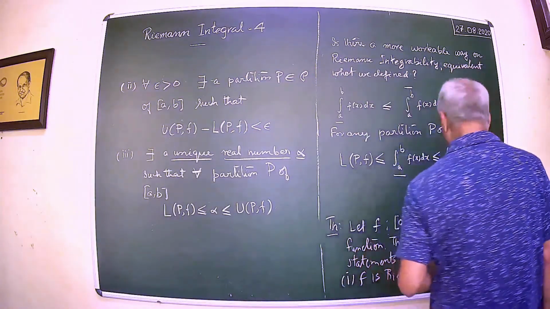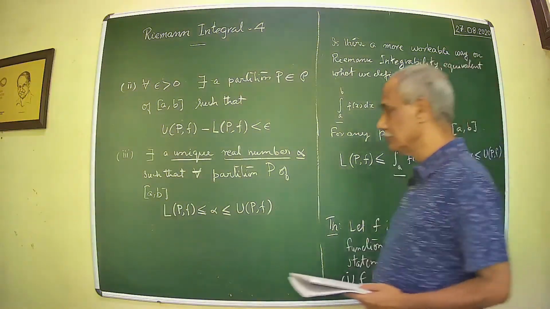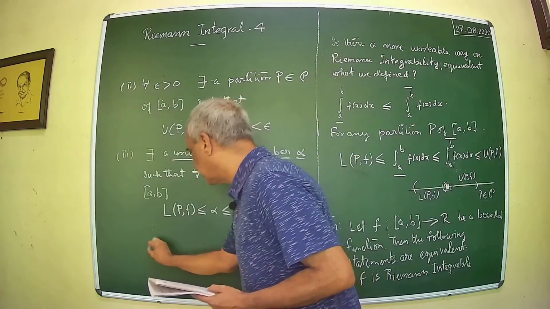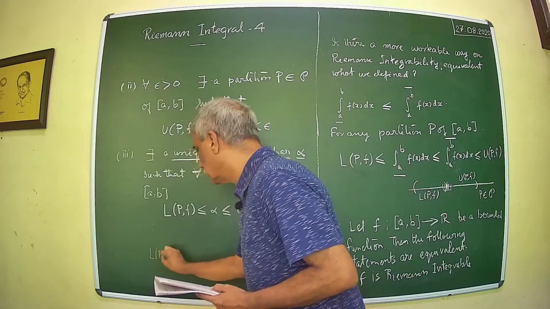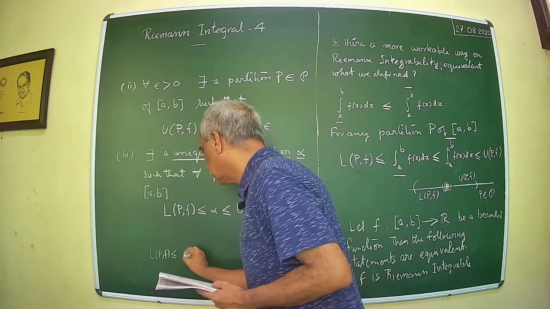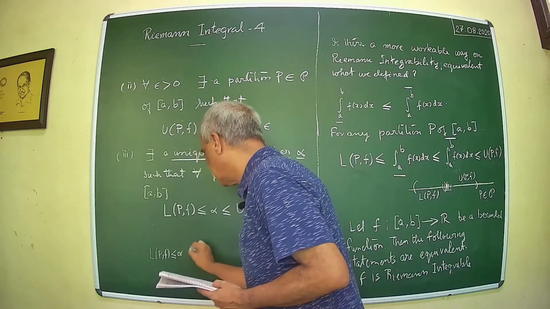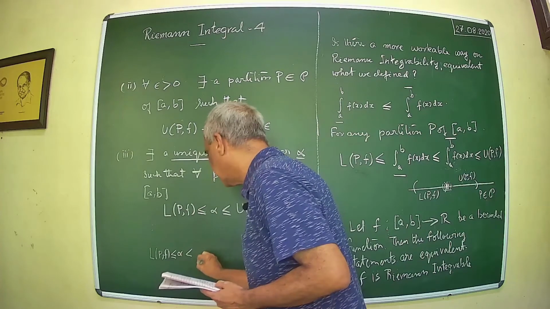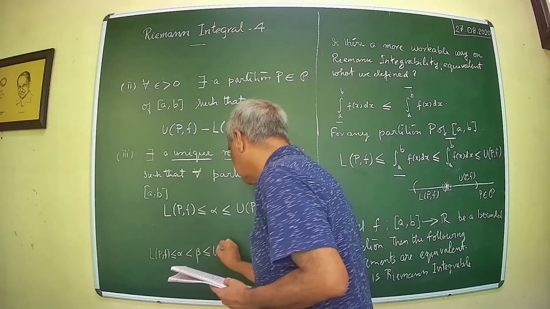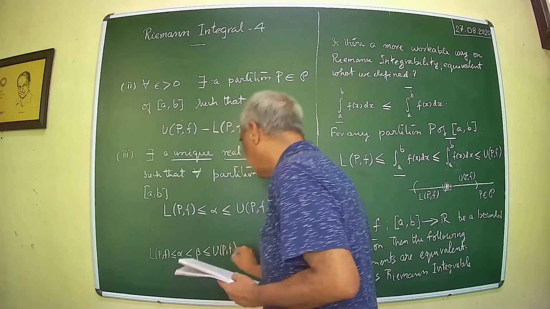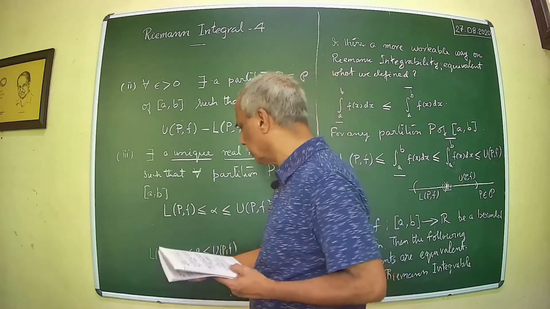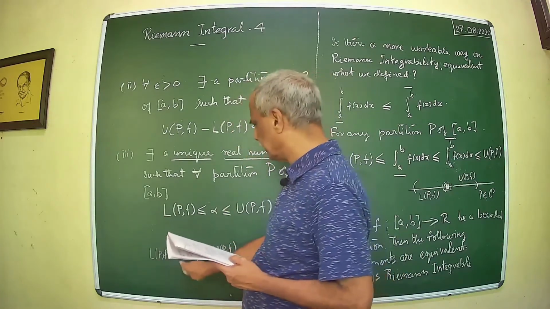Now, why uniqueness? What happens if it is not unique? If it is not unique, then you are going to have L(P,f) less than or equal to alpha less than some beta less than or equal to U(P,f), where this may not be the supremum or may not be the infimum, but there are two numbers like this.